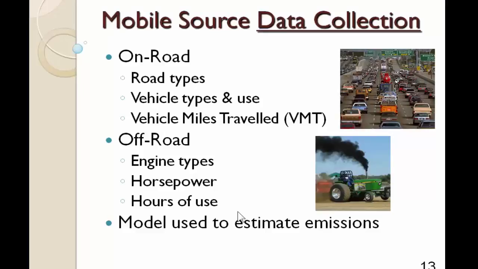And then the hours of use, so for example, snowmobiles would not be used year-round. And it's vital to understand and know the model that was used to estimate the emissions. We'll talk about potential double counting more in Module 16, but you need to be educated about what data you're getting and what model they used.